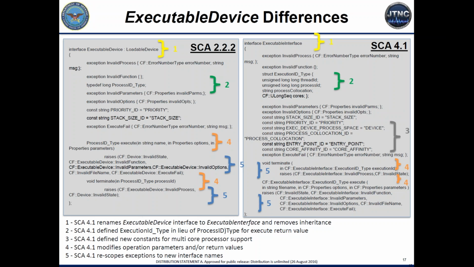Now we have constructed that execution ID type structure, which contains not only the process ID, but it allows for the definition of a thread identifier, and it also has fields that will allow us to provide support for the multiprocessor and process co-location capabilities that were introduced in 4.1.